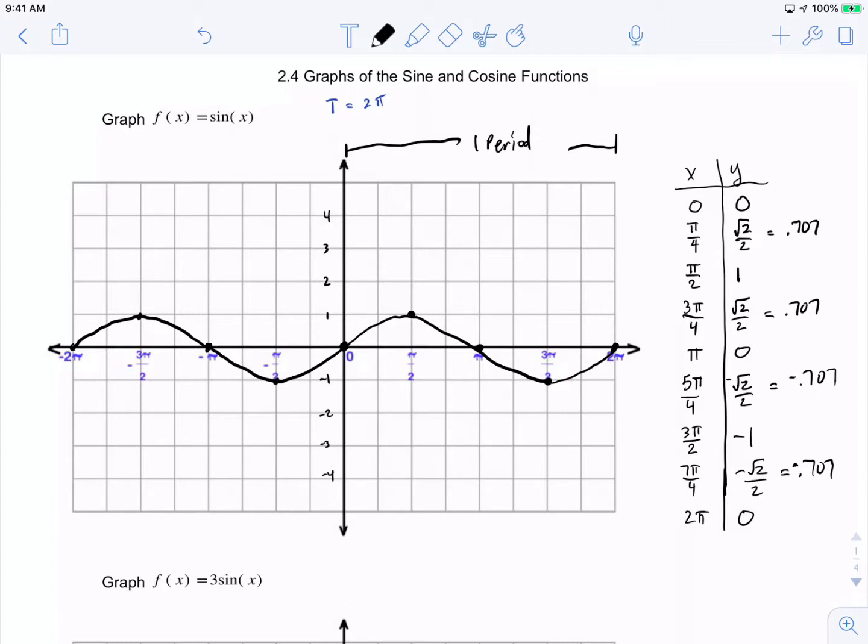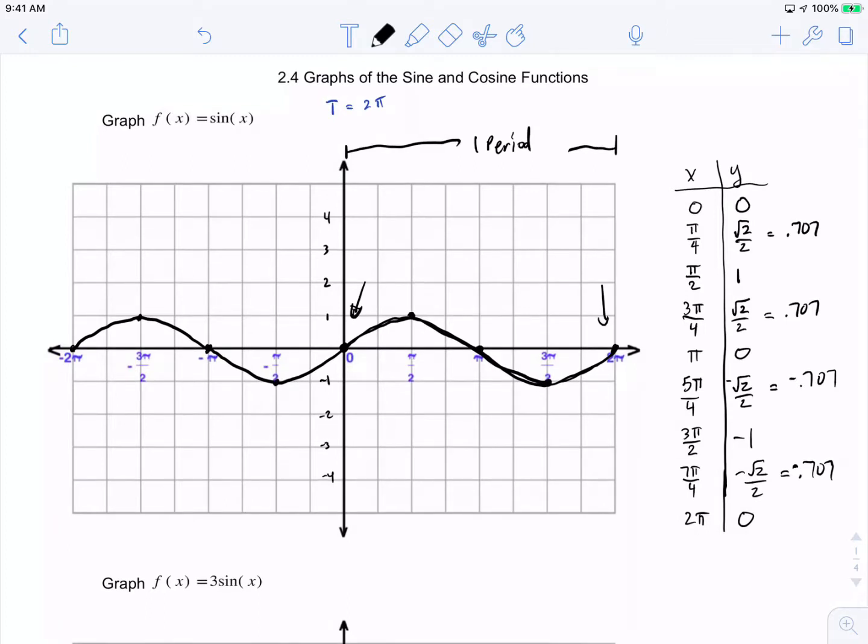Now, the important thing to see is that the period of sine started at 0, if that's what you want to call your start point, and then it gets back to 0 at 2 pi, and then it repeats. So it's this wave that oscillates back and forth.